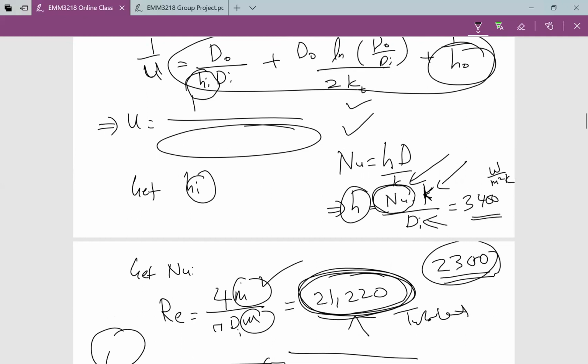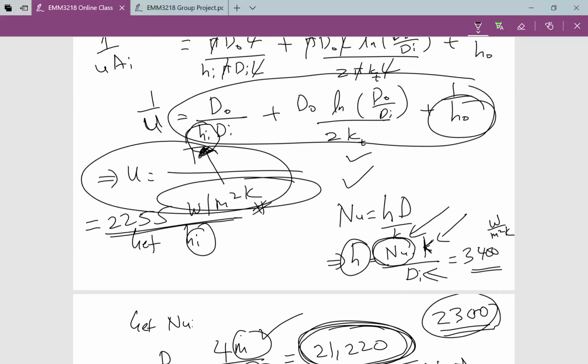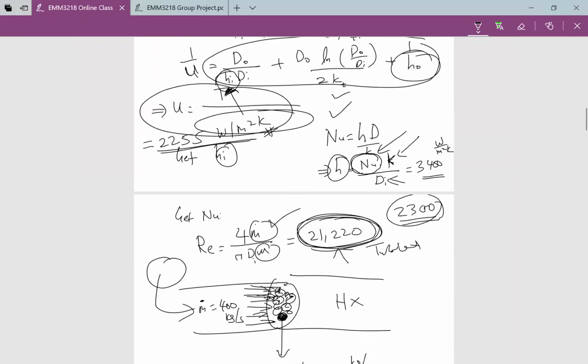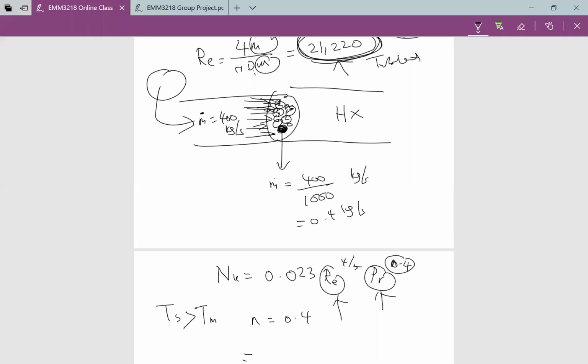Then you have everything you need to get 1/U and then invert to get U. The answer is U equals 2255 watts per meter squared Kelvin. Any questions, class, on this?